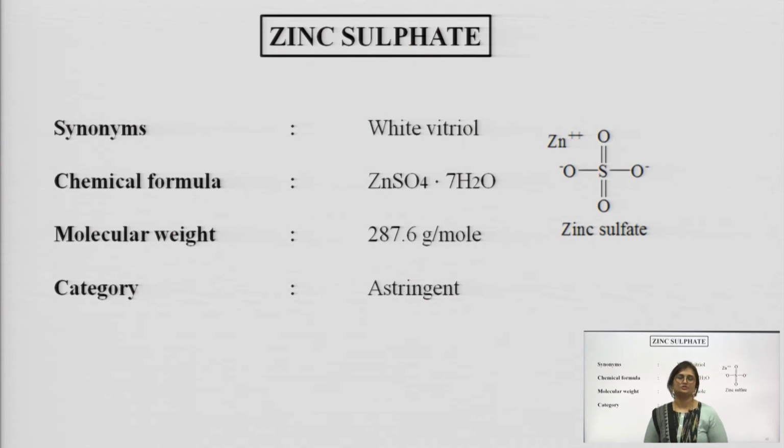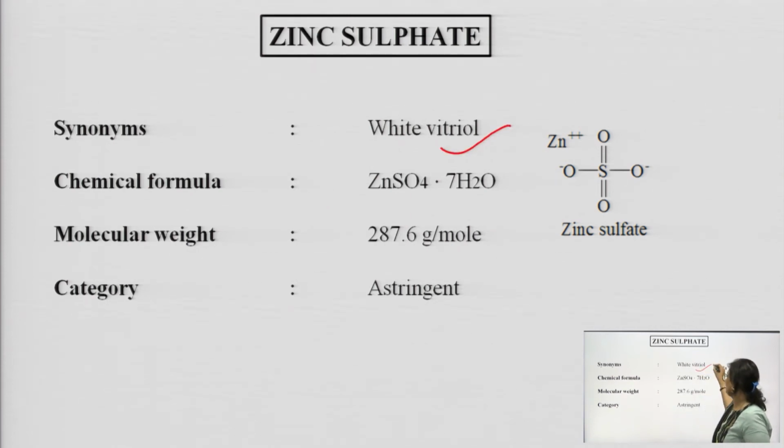Now, we will look into individual astringents in detail. We shall study zinc sulphate first. Zinc sulphate, also known as white vitriol, has a chemical formula ZnSO4.7H2O.